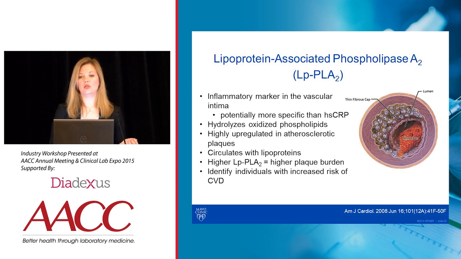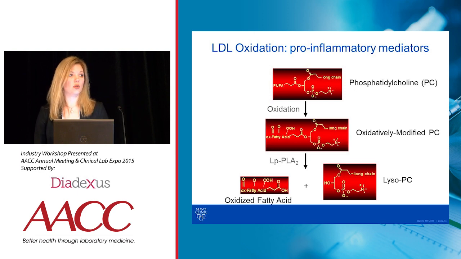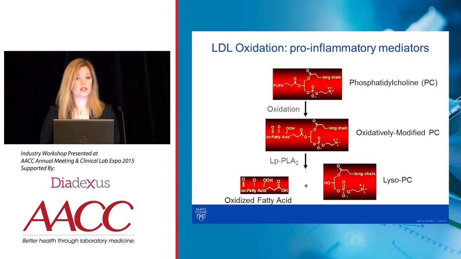And I just want to emphasize that LP-PLA2 is an enzyme, and this was highlighted in the previous talk as well, but it does take oxidized phospholipids and hydrolyzes them into proatherogenic molecules. And these are specifically oxidized fatty acids and lysophosphatidylcholine. And that'll become important when we talk about the enzyme activity assay.